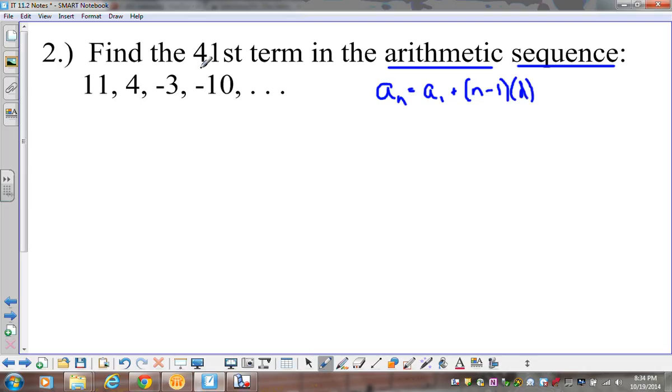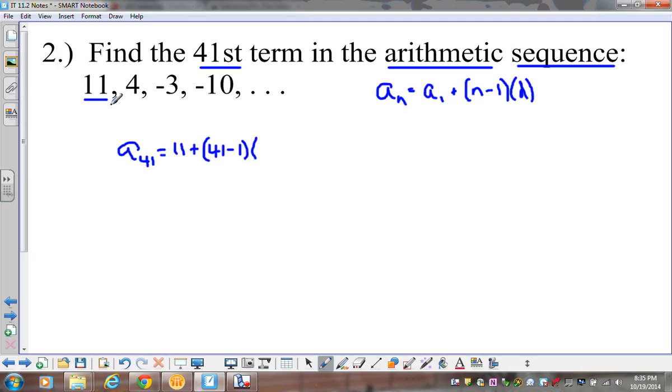I'm looking for my 41st term, so that's my n value. So a sub 41 equals my first term, which they give me as 11, plus n minus 1, where n is 41, times my common difference. I don't know it yet, but I can find it easily.